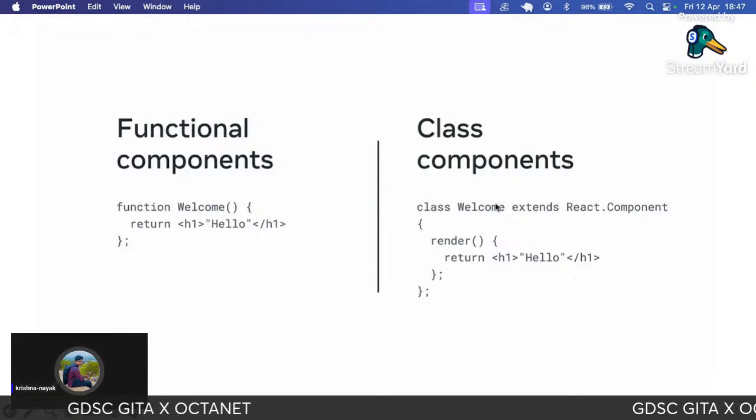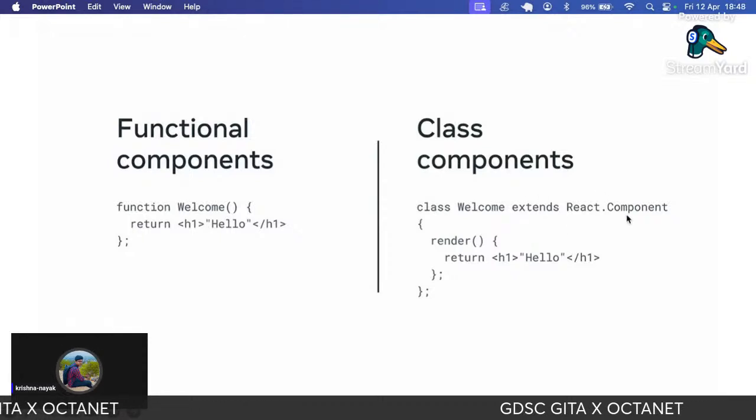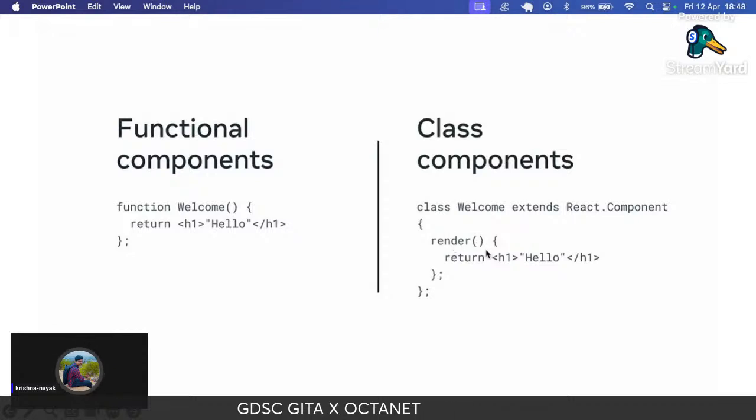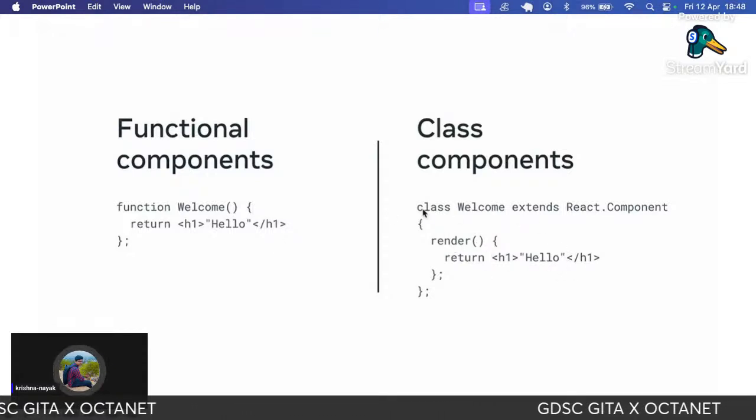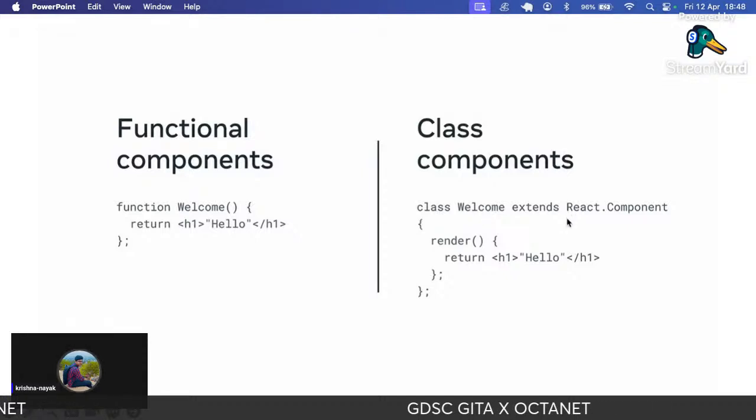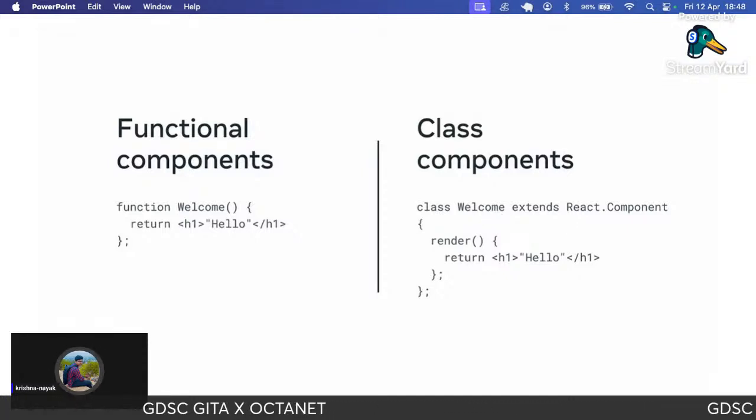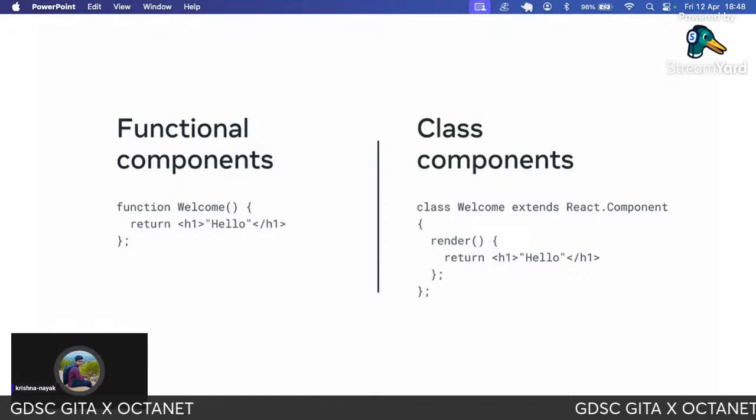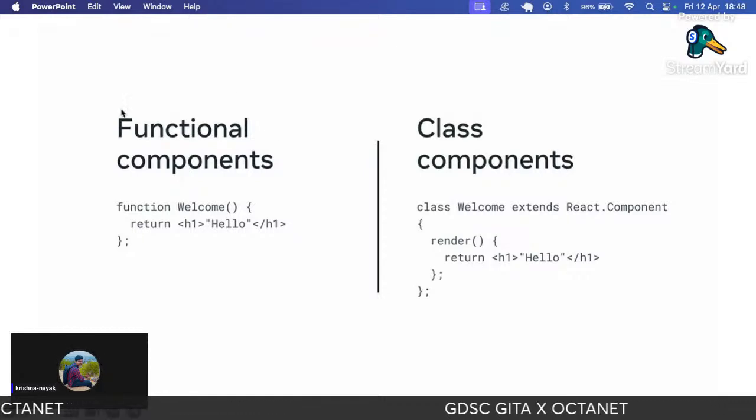Whereas in the class component, we need to extend the React component, and the render function which returns HTML code will be rendered. Both work the same. Both have similarities, some advantages, some disadvantages, but both work.